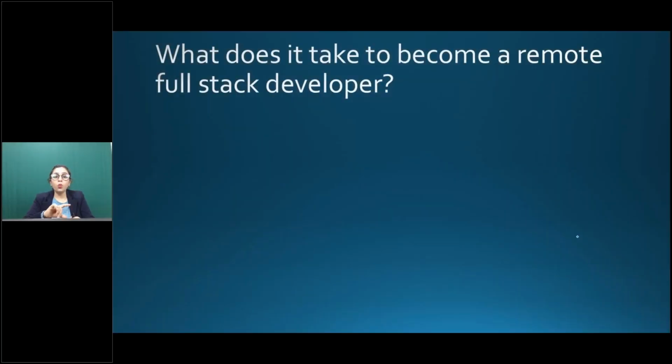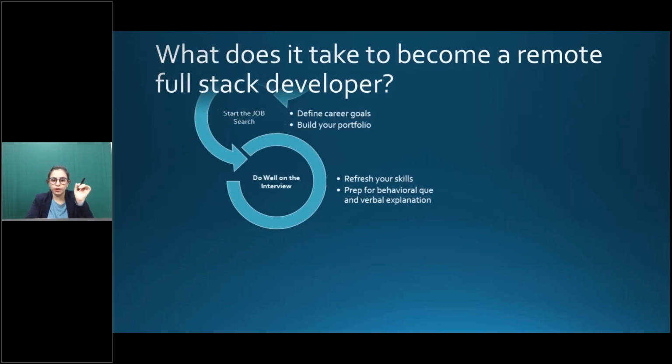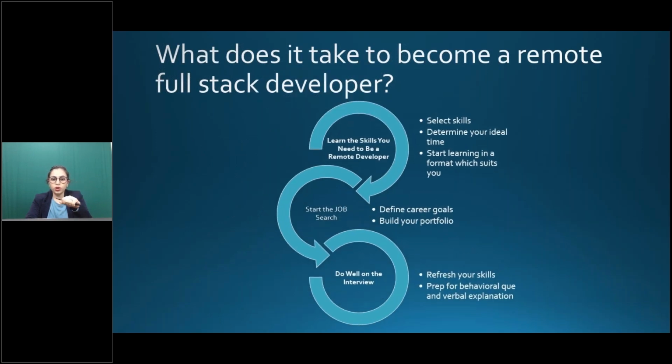Now, what is required? What does it take to become a remote full stack developer? If you want to become one, just see. Start by learning the skill you need. Select a particular skill, whether you are okay with Java, C sharp, or Python, any language you can choose.